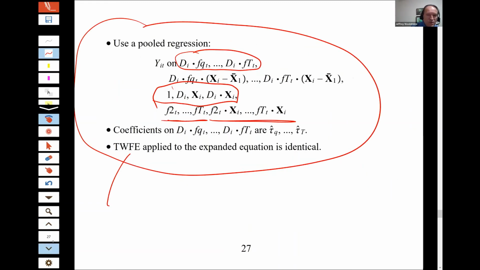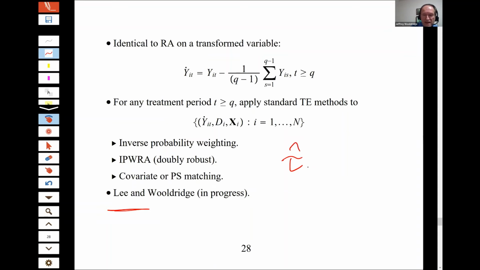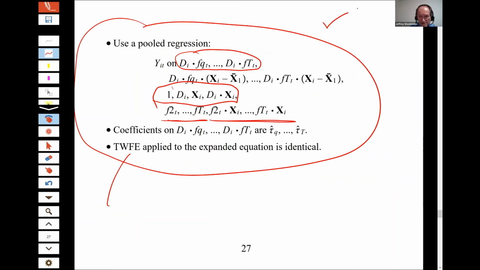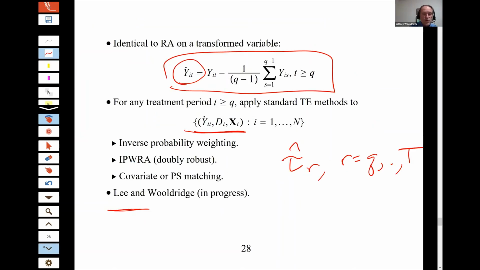We can reproduce the coefficients tau hat sub r, where r runs from period Q up to T, by transforming the data, where we take the outcome Y in a post-treatment period, so it could be Q, Q plus 1, all the way up to T. And instead of differencing, we subtract off the average of the outcome prior to the intervention. And you can show that applying regression adjustment to this modified variable is exactly the same thing as this pooled OLS regression, which is the same thing as two-way fixed effects.